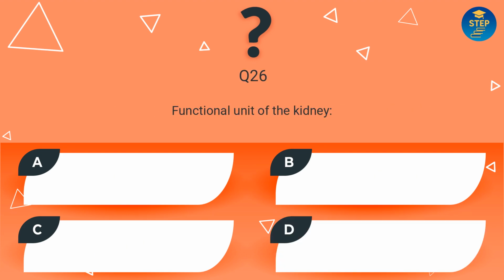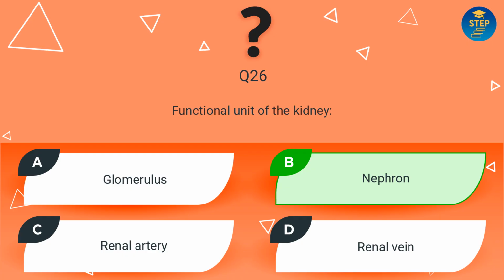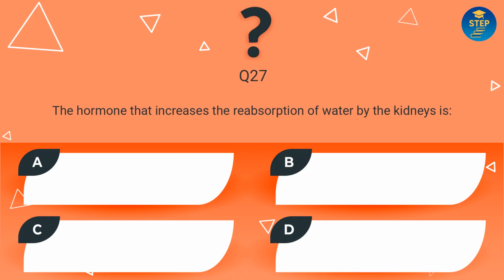Functional unit of the kidney: glomerulus, nephron, renal artery, renal vein. Answer is nephron. The hormone that increases the reabsorption of water by the kidneys is ADH, ACTH, epinephrine, TSH.